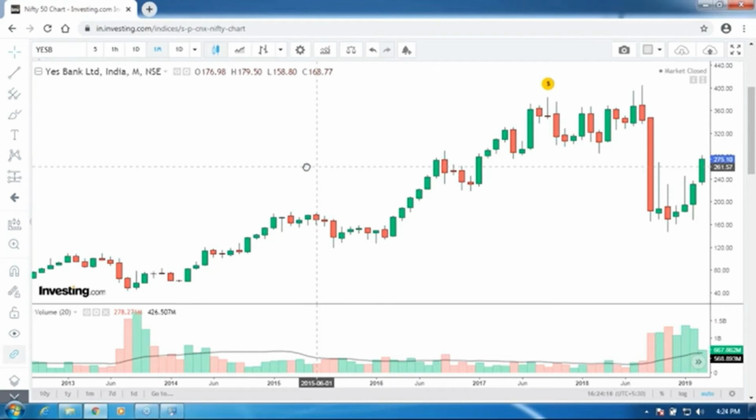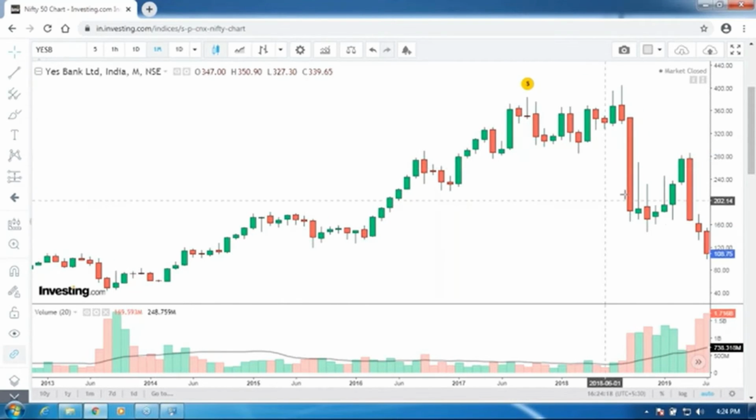And then suddenly there was this big disastrous news, and this is where the collapse happened. The stock in a single month dropped very substantially, almost 40% drop in a single month, and it started trading at around 170. Now the thing is, at this point, at this particular month, what month is this?